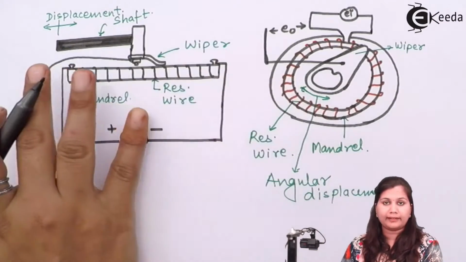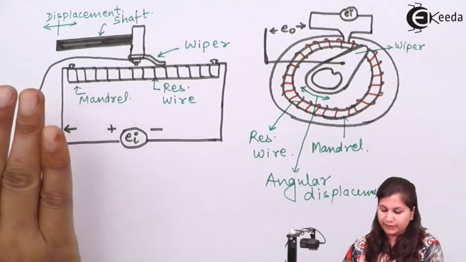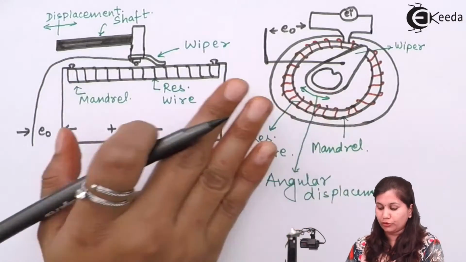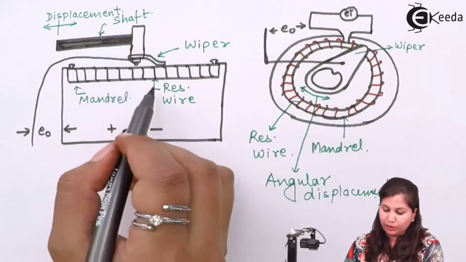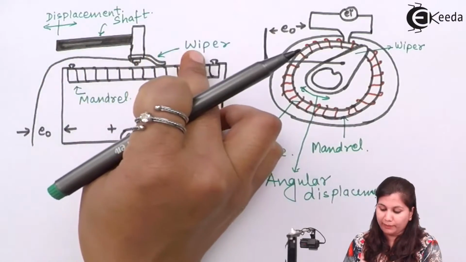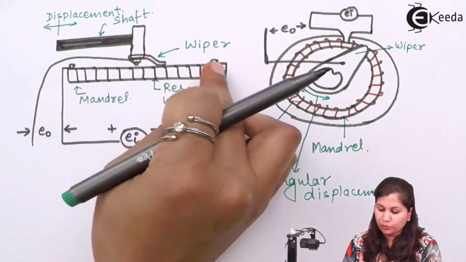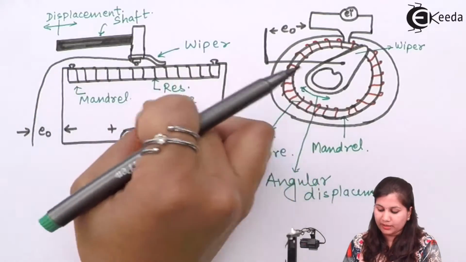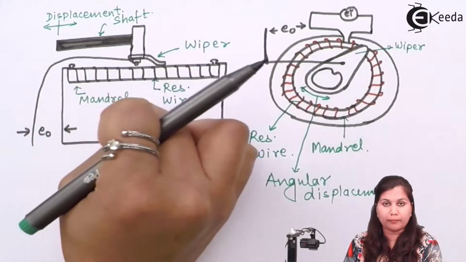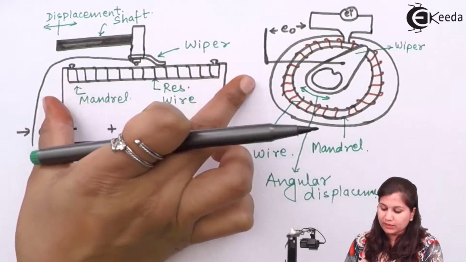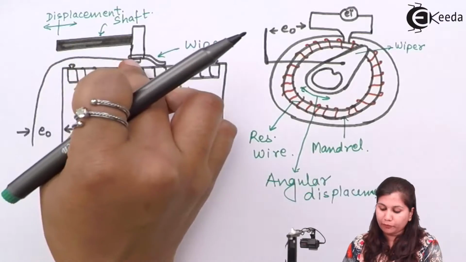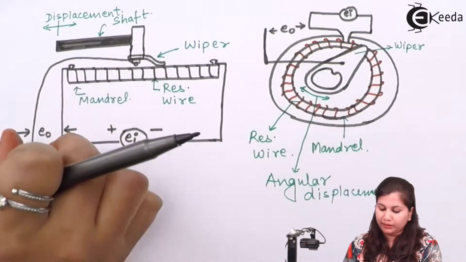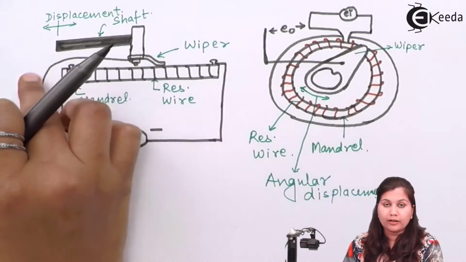So this is the diagram for the linear or the translational pot, and this is for the rotary pot. In this linear or translational pot, you can see that we have a wiper, and this wiper is moving over the resistance wire. The resistance wire is wound around a mandrel, and to this resistance wire an input voltage is applied, and the output voltage is measured between the wire and the wiper.